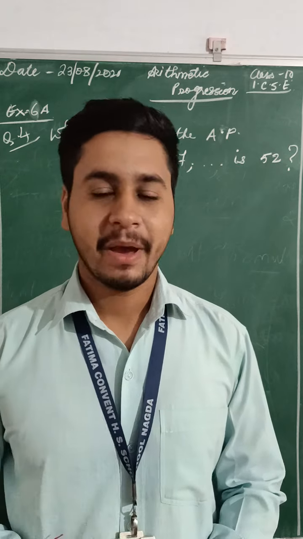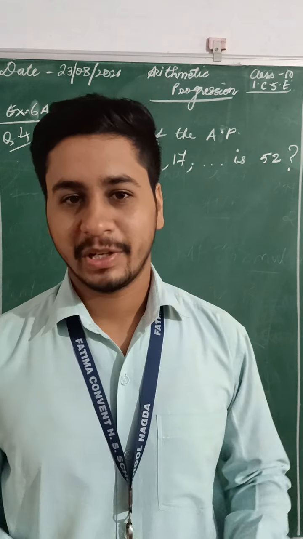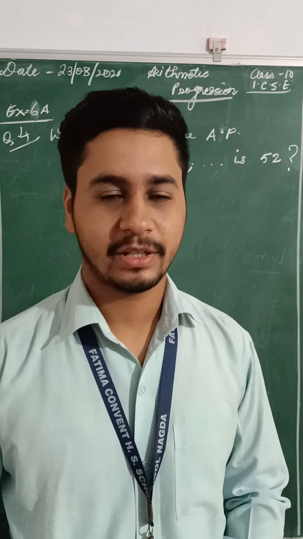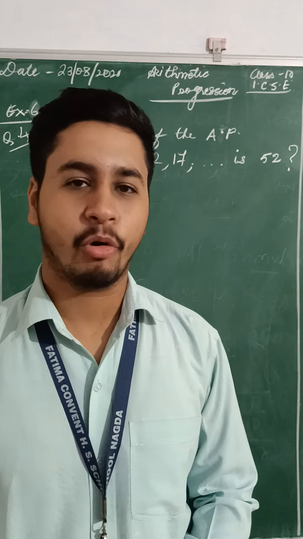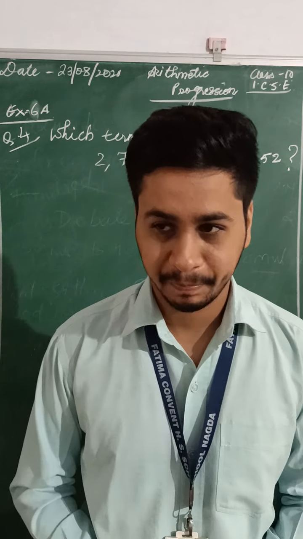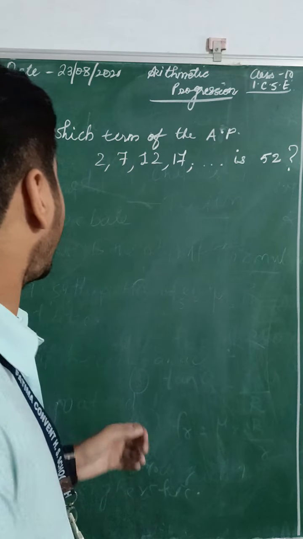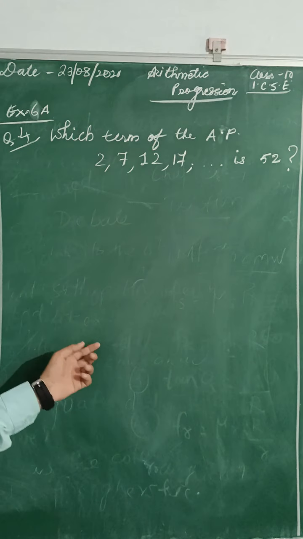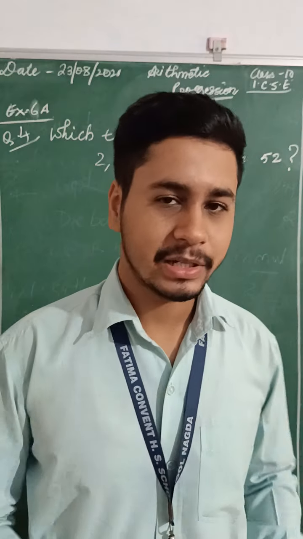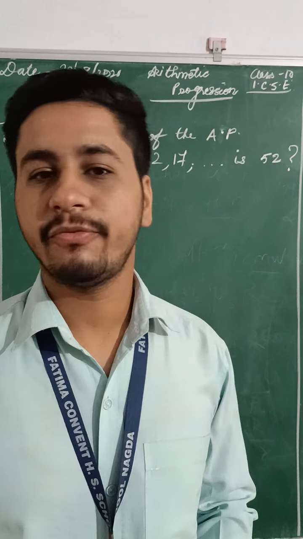Now let's get back to the chapter which we started in the last lecture, that is arithmetic progression and geometric progression. Today we will continue with the questions, as we have done up to question number 3. In the last lecture we saw 2-3 formulas.